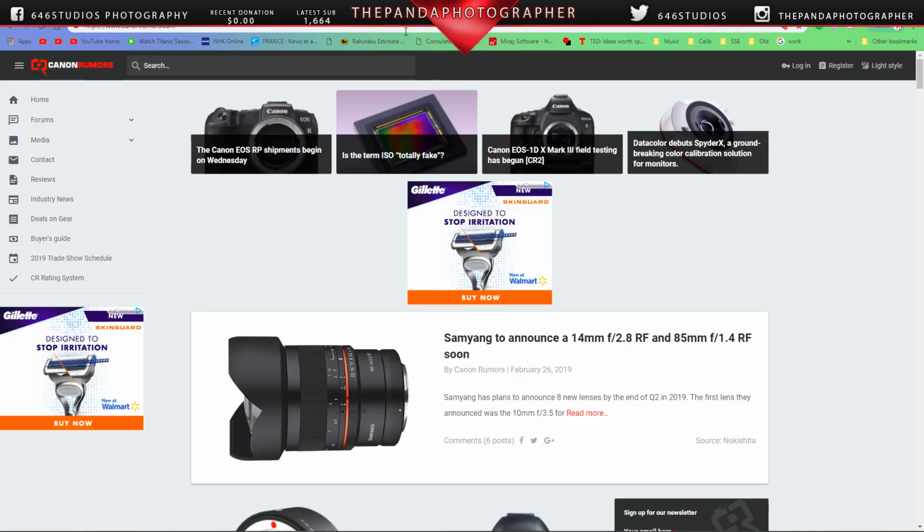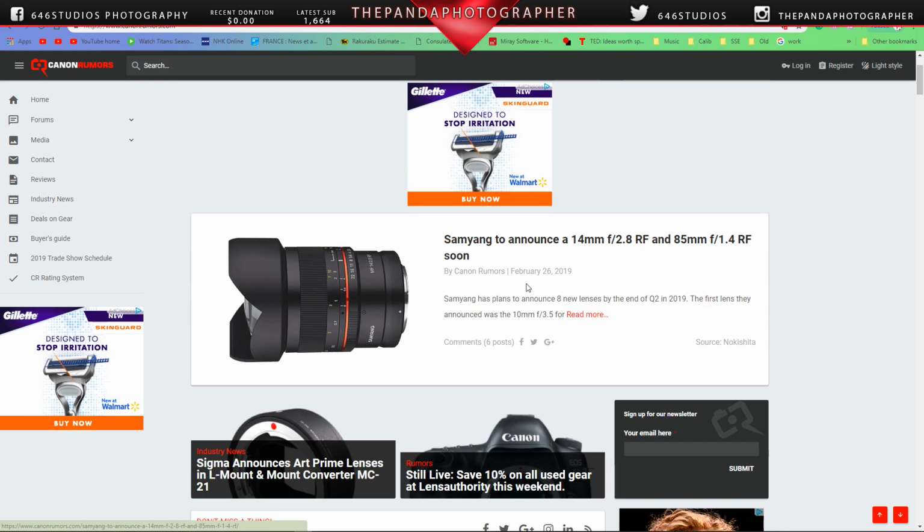But let's talk about Canon. Canon rumors. Samyang is now getting into the Canon realm and developing RF lenses. They are announcing a 14 f2.8 lens and a 1.4 RF coming soon. Ooh. I'm kind of wondering if Samyang is competing with Sigma right now, because it seems that's the approach.